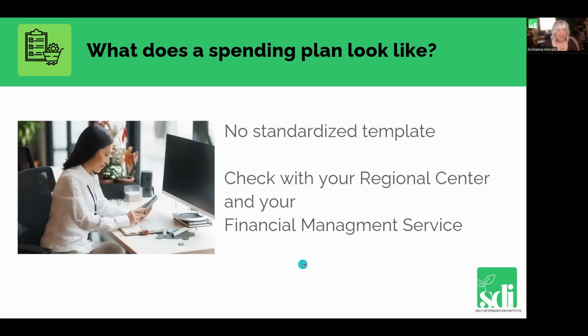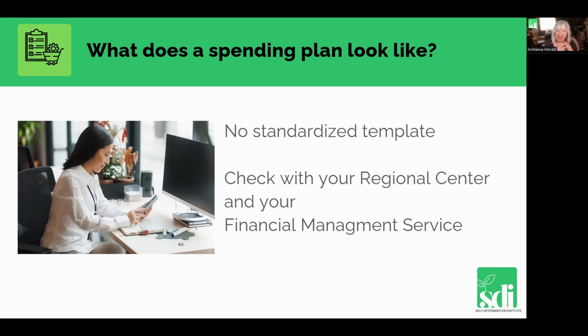Okay. Now, like so many other things in self-determination program, there is no current standardized template for a spending plan. Now, I do understand there is discussion of one being created, but we do not currently have one. So what does that mean? It means some regional centers have a template they want you to use.